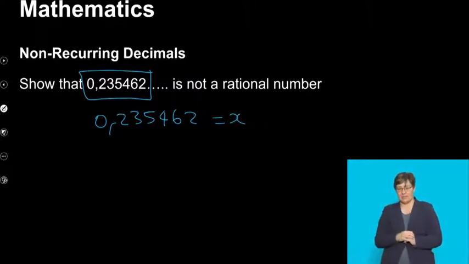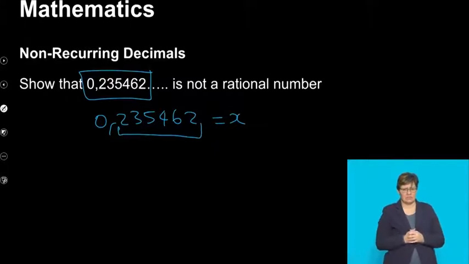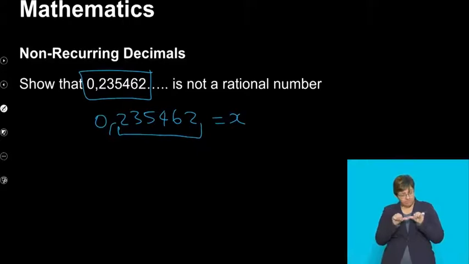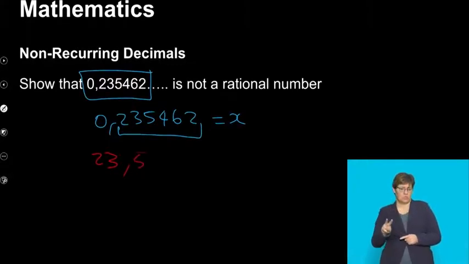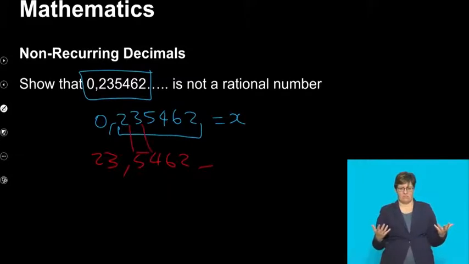But now, do you see that if I multiply this by 100, it will never give me a point where I can get a repetition of the pattern that I have here? Because the whole point of multiplying by 100 is to get a repetition. So if I multiply this by 100, it will give me 23.5462. Look at this. Now, these are no longer aligned.